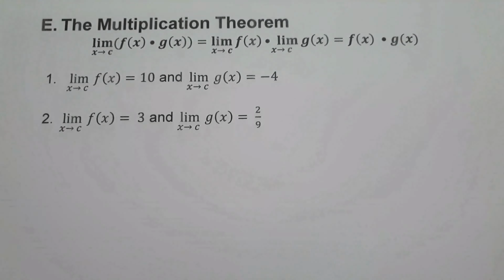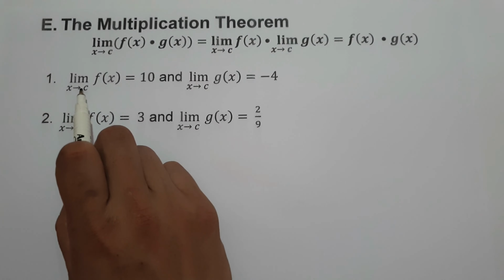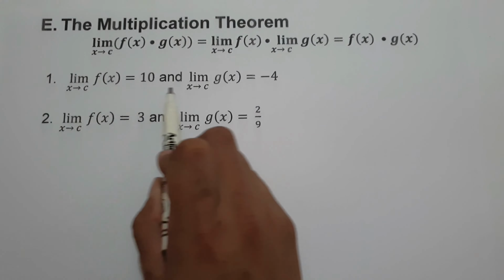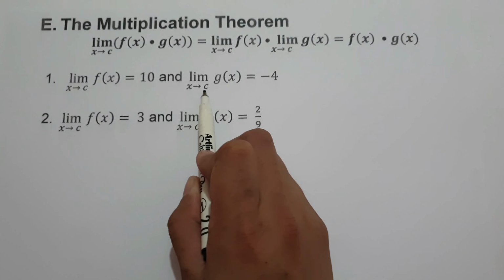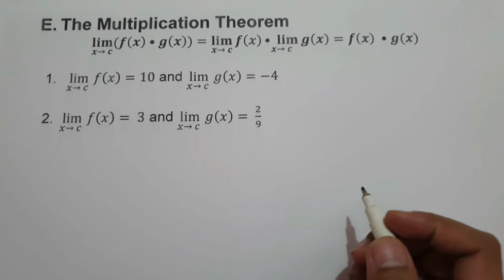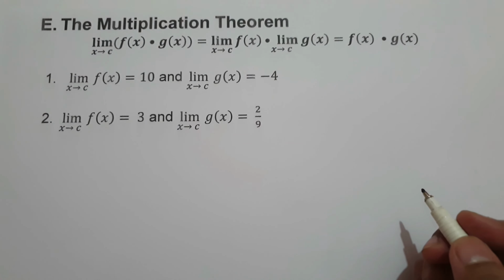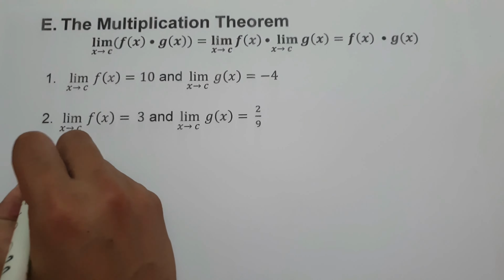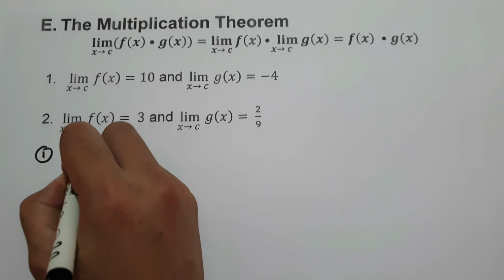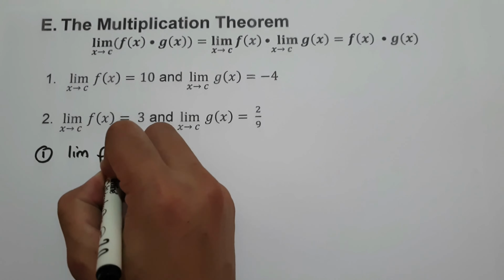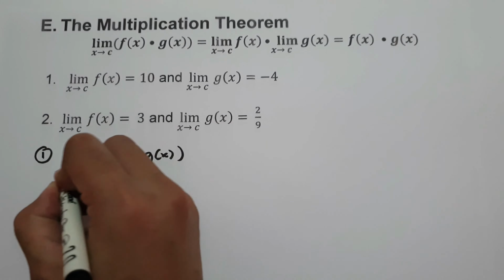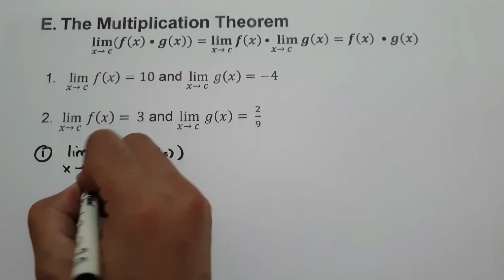For example, on number 1, we have the limit of f of x is 10 as x approaches c, and the limit of g of x as x approaches c is negative 4. So how do we simplify these limits? Using the multiplication theorem. So let's have the limit of f of x times g of x as x approaches c.